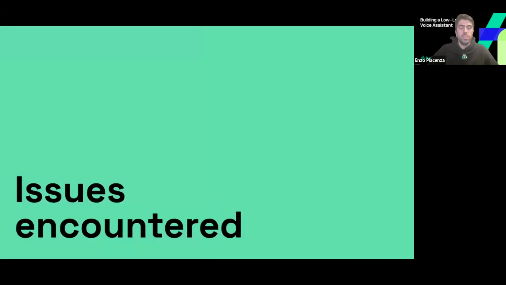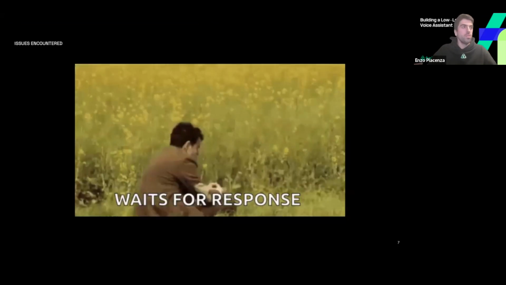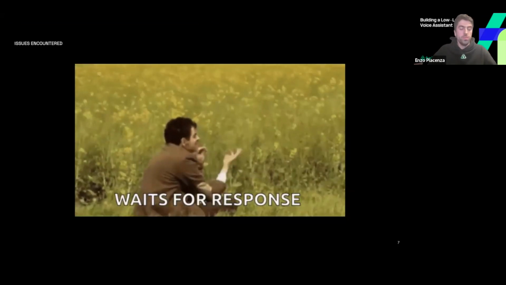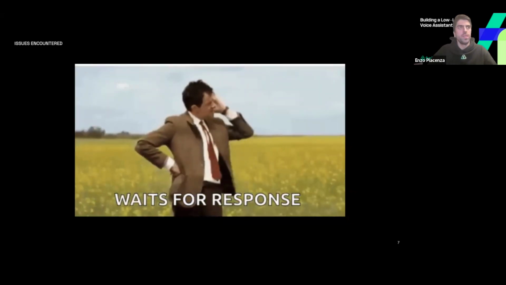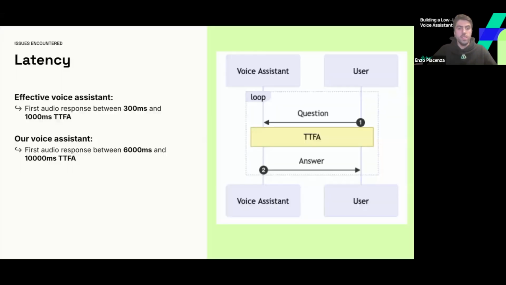However, with this, we encountered some issues. And I guess you might have thought about which one I'm talking about. It's very slow. With our first iteration, doing everything like that, it was super slow. For a voice assistant to be effective, in real life, if we speak to each other, the response time between humans is around 250 milliseconds.